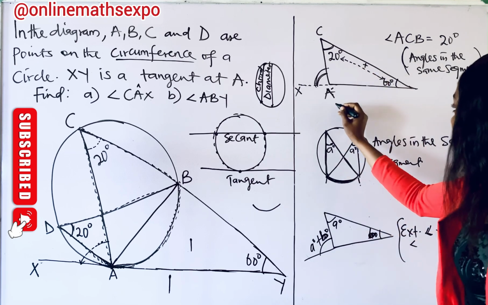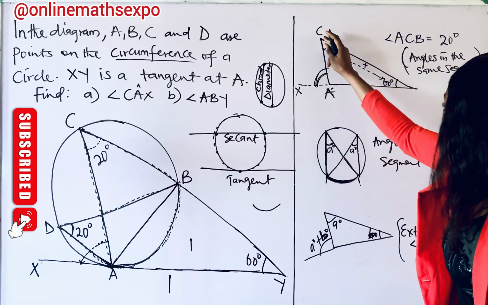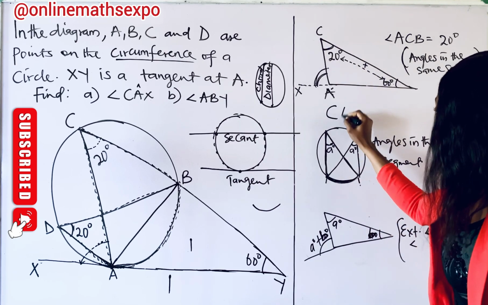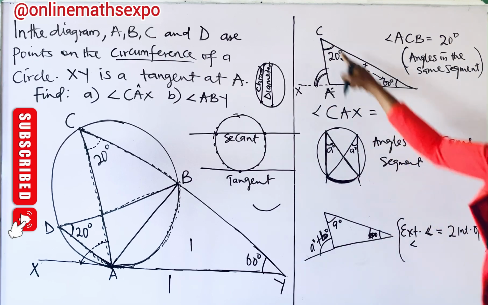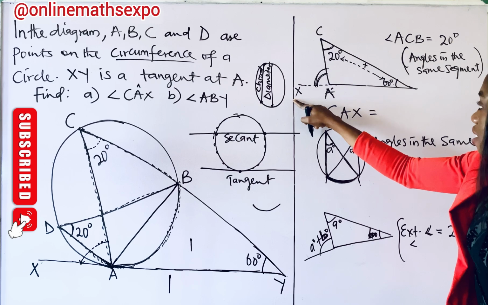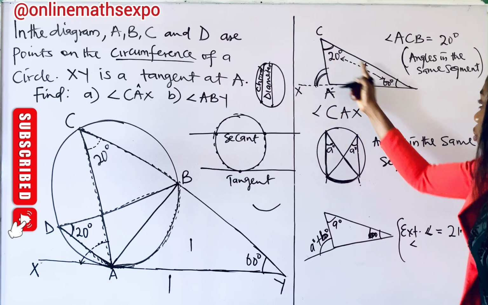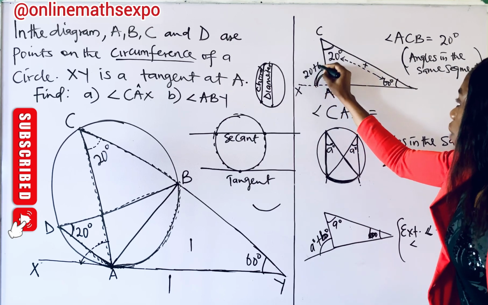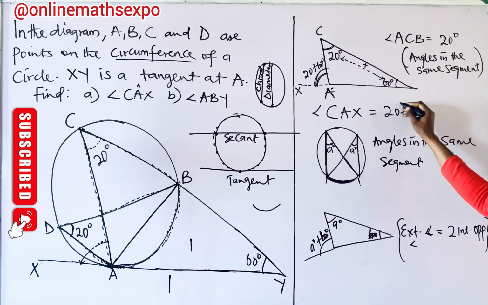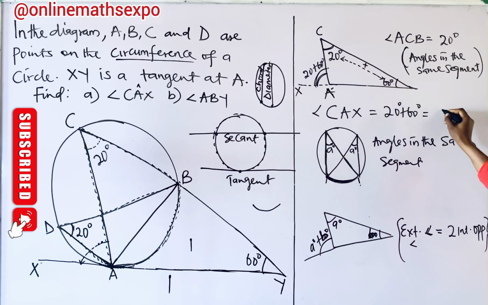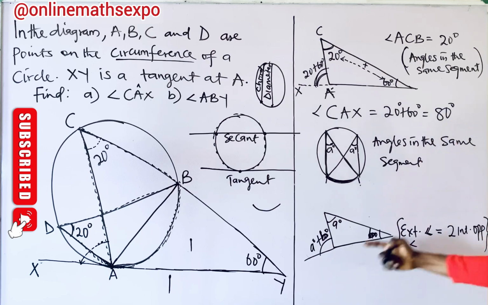You can now say that angle CAX, which is this angle, is the sum of these two. So we are going to add it: 20 plus 60 degrees, and that will give us 80 degrees, obeying this rule.